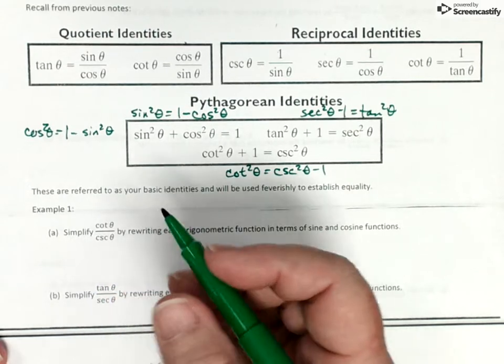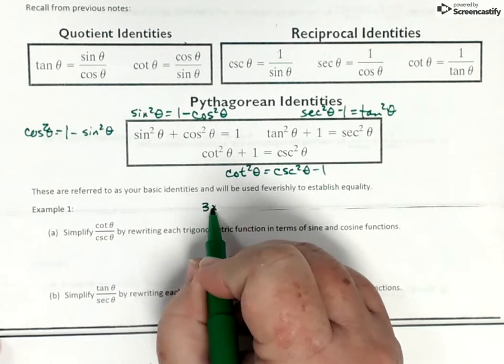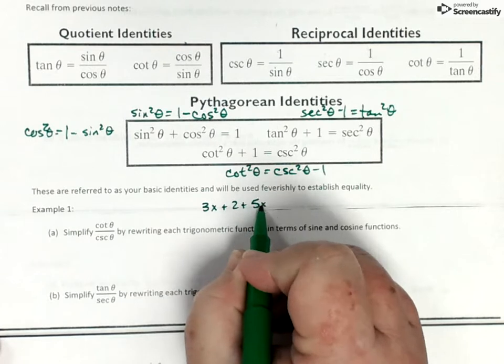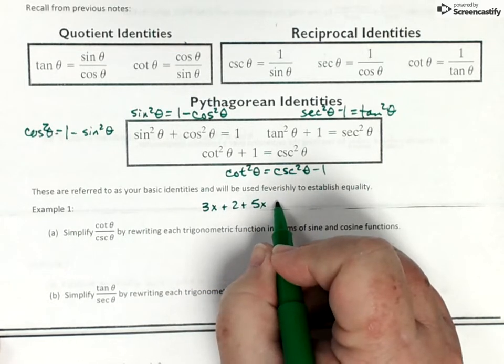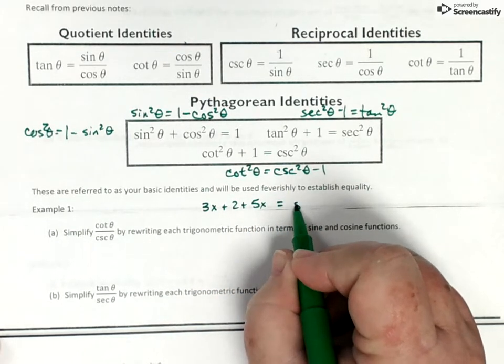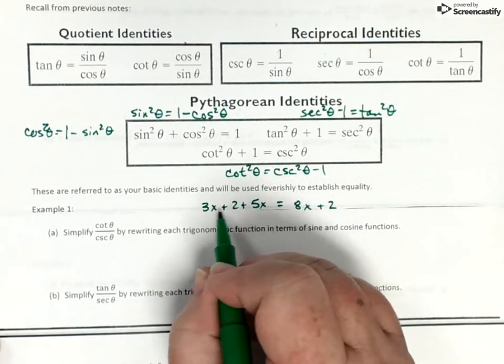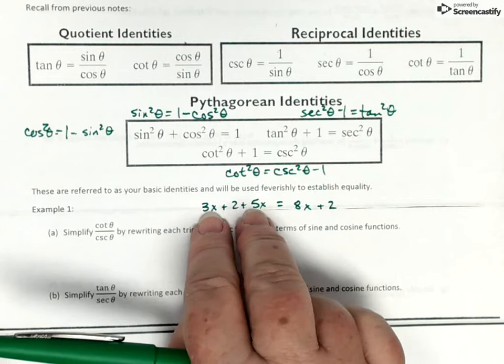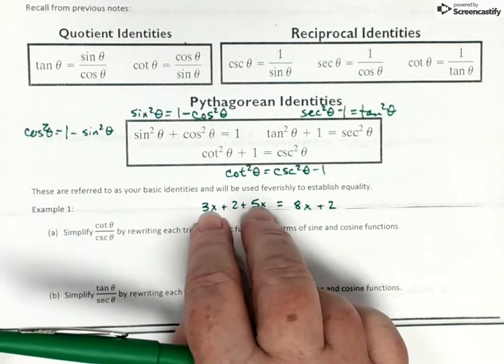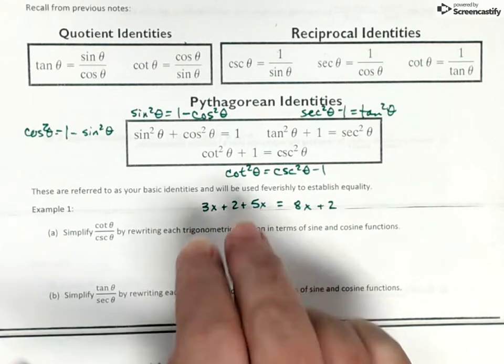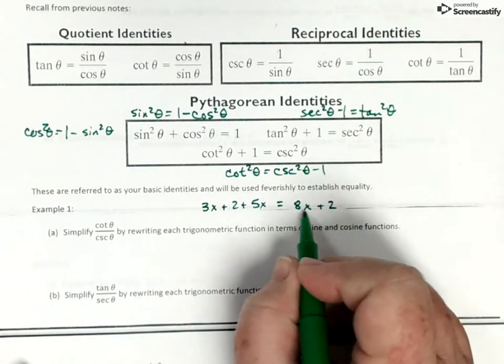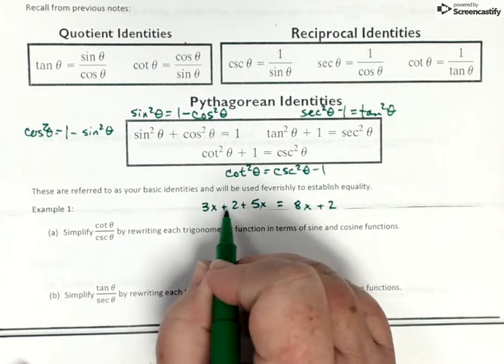A very basic example would be if I had 3x plus 2 plus 5x, and I were to tell you that that was equal to 8x plus 2. You can easily see that if I took the left side and used simplification, where 3x plus 5x is 8x, this is a much simpler way of writing this information.